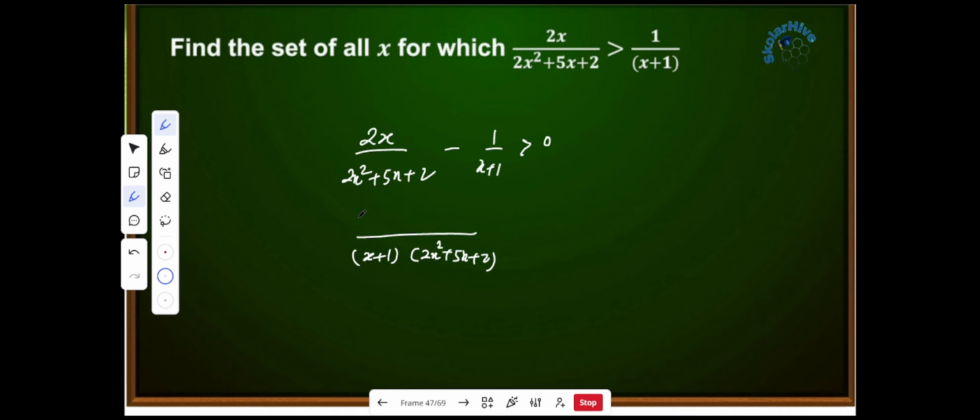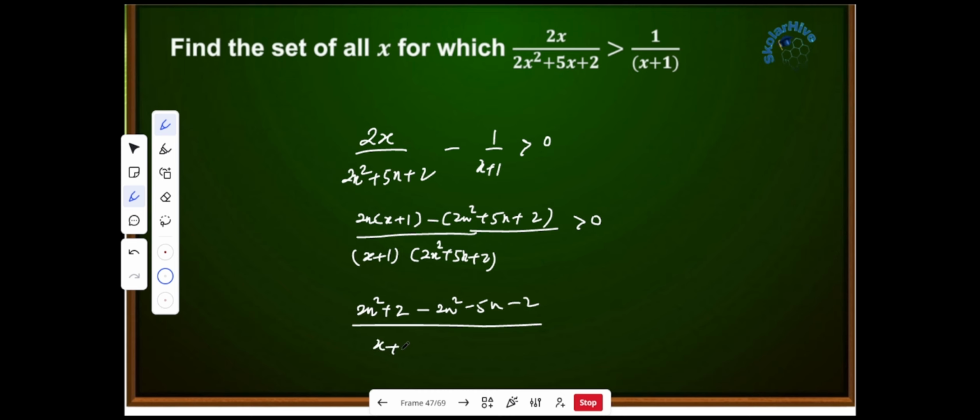Then this will become 2x into (x plus 1) minus 1 into this expression, 2x squared plus 5x plus 2, less than 0. Now once we simplify this, the numerator will become 2x squared plus 2 minus 2x squared minus 5x minus 2, and the denominator will be x plus 1.